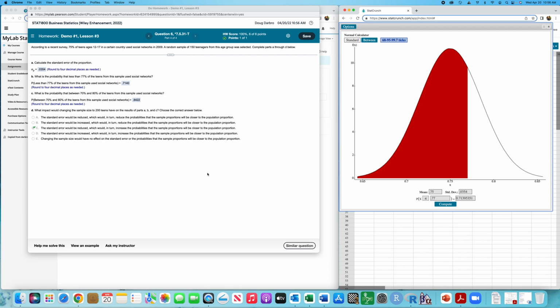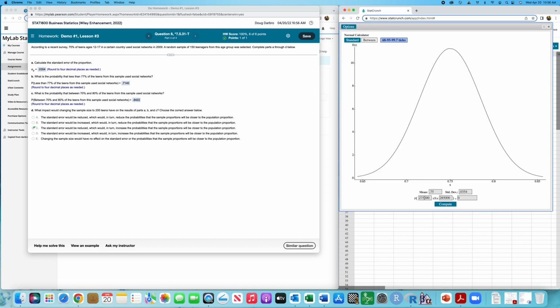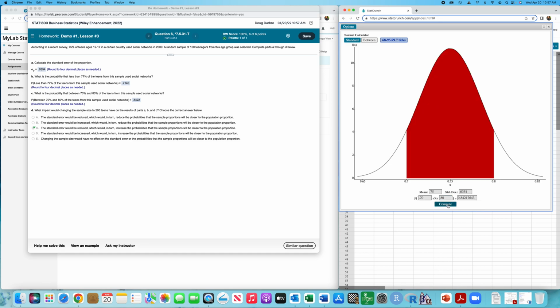And you can see I get 0.7140 as I entered. Between 70 and 80%, let's go to the between function. You compute 0.8422.